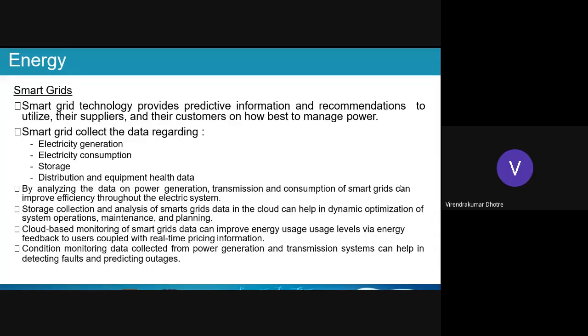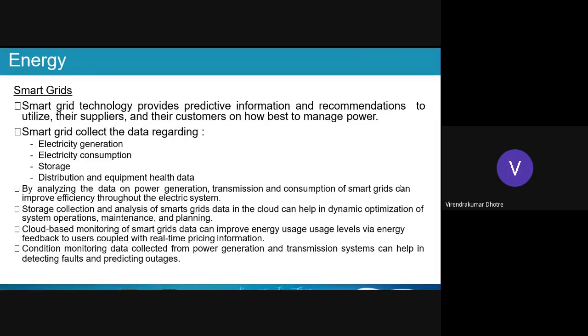So smart grid technology provides information which is based on prediction, and based on this predictive information and recommendations, we can manage suppliers and their customers regarding the power generation.